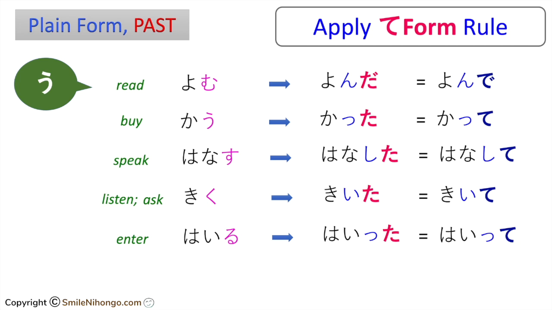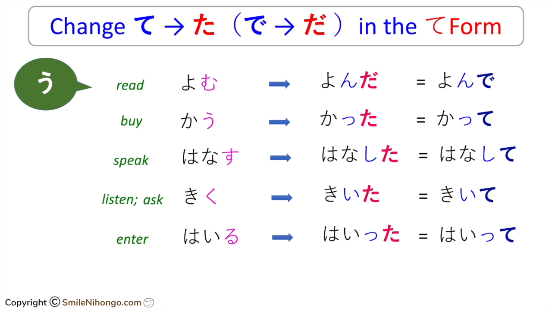So that's the formation rule for U verbs in plain past. You apply the te form conjugation to the verb, and then change the ending te to ta or de to da. So to conjugate U verbs into the plain past, it's crucial that you have completely mastered the te form conjugation.